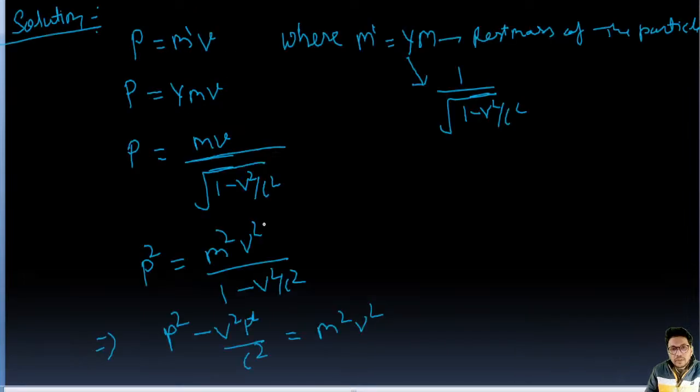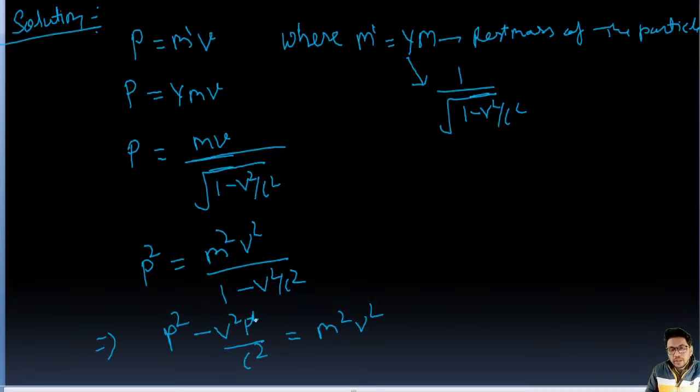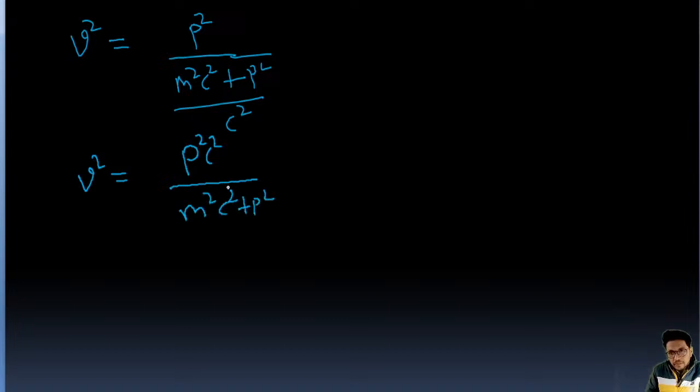After this, we have found the value of v square. So v square equal to p square c square upon m square c square plus p square.